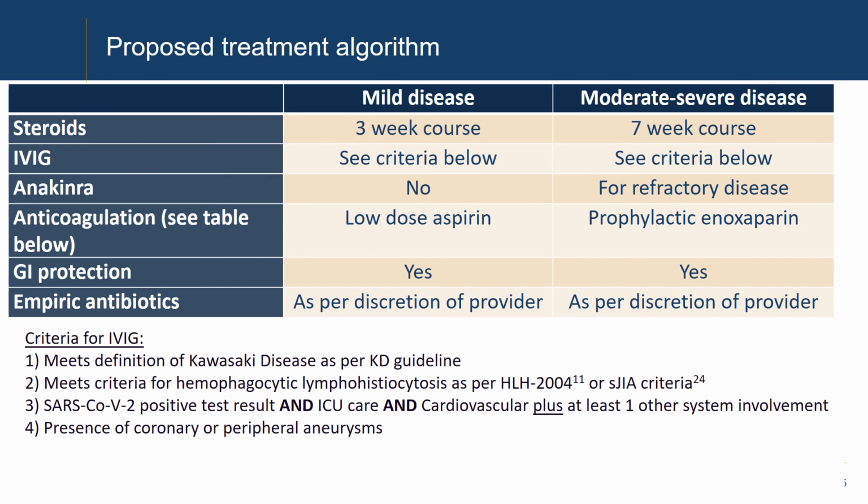So if they have a positive test for SARS-CoV-2, they're in the ICU, so they have moderate to severe disease, they're on vasopressors or mechanically ventilated, and they have some evidence of cardiovascular involvement, whatever that may be. And then finally, if they have coronary or peripheral aneurysms, we are also recommending that they get treated with IVIG, because essentially they would meet the definition of Kawasaki disease by having aneurysms detected.